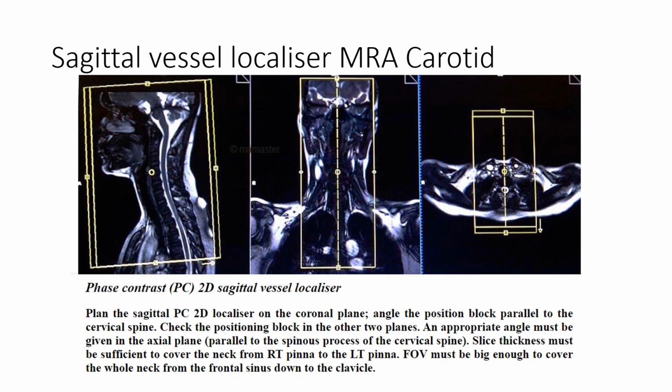Slice thickness must be sufficient to cover the neck from the right pinna to the left pinna. FOV must be big enough to cover the whole neck from the frontal sinus down to the clavicle.